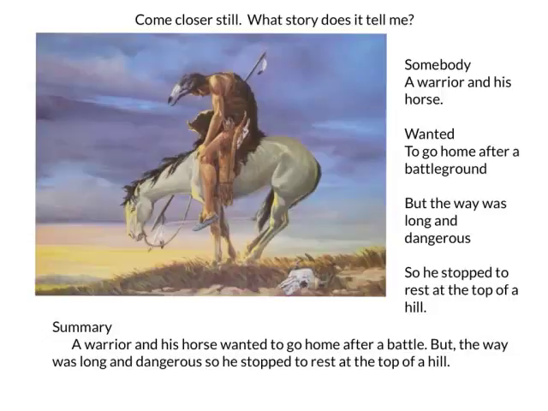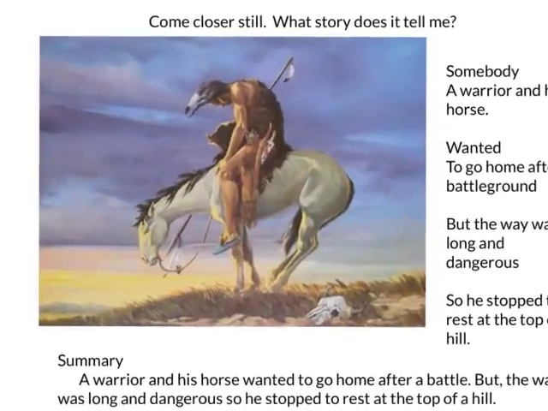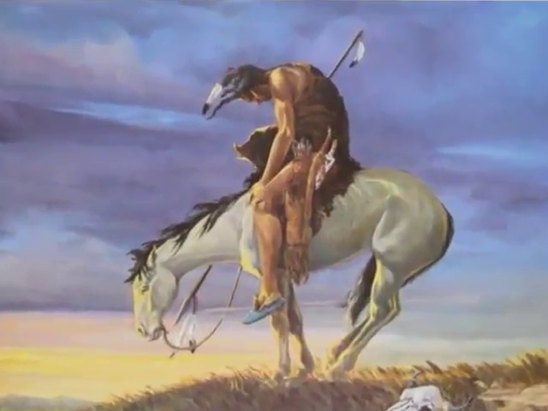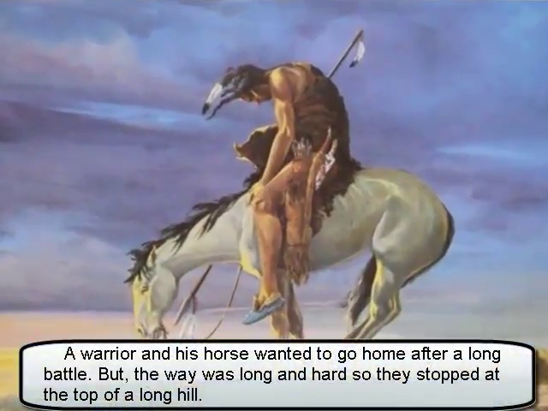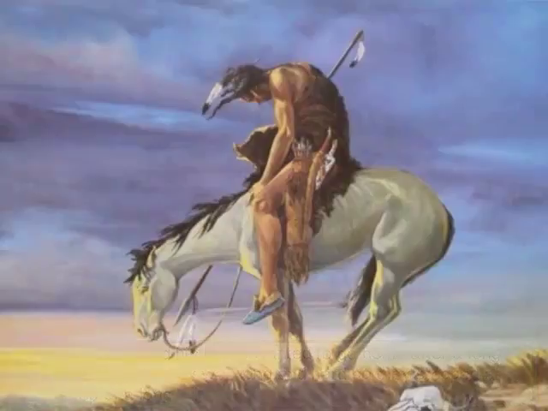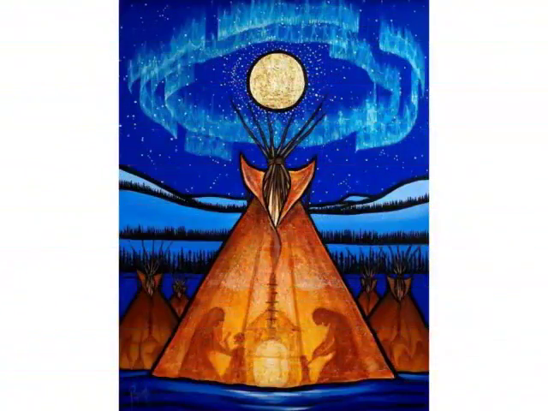Now you've seen me go through the 3 steps of close reading: come close, come closer, and come closer still, and then write a summary of what I think the meaning of the picture is. So the next step would be for us to do one together. So here is our next picture that we're going to do together.